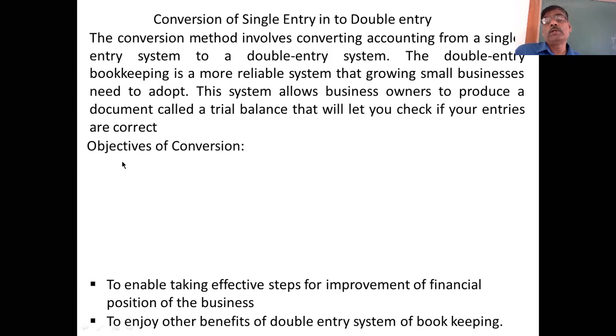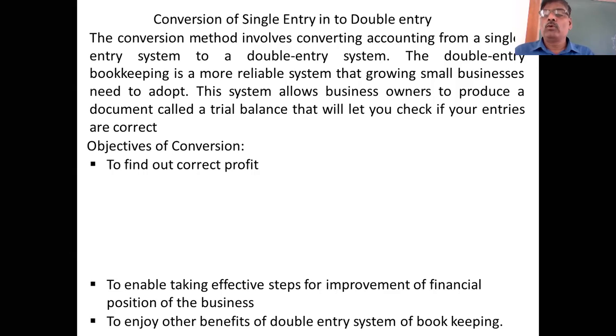Then what are the objectives of conversion of single entry to double entry? The main objective of conversion of single entry to double entry is to find out the correct profit. In the single entry form of accounting, the profit ascertained may not be the correct profit of the business concern. That may not be the accurate profit of the business concern.